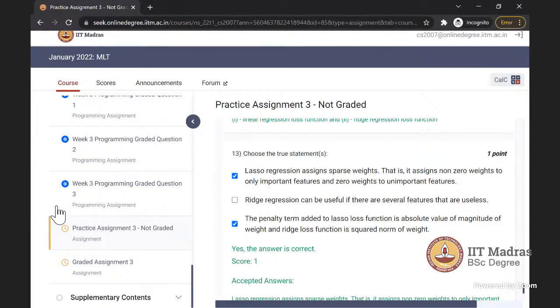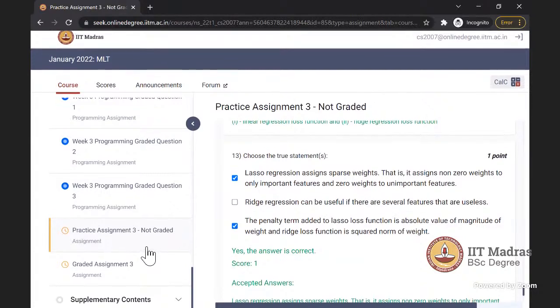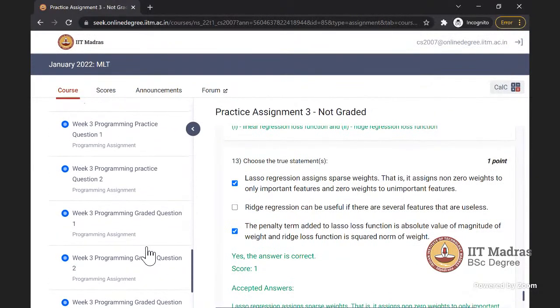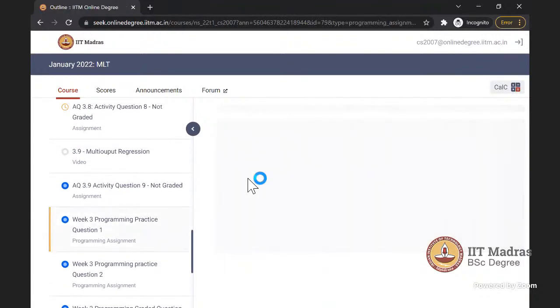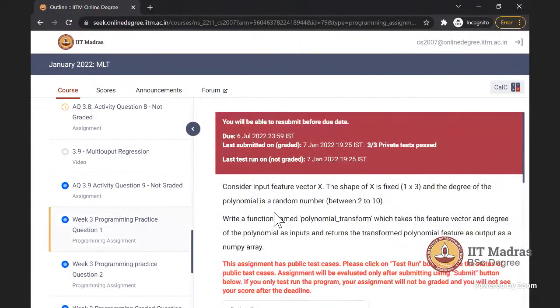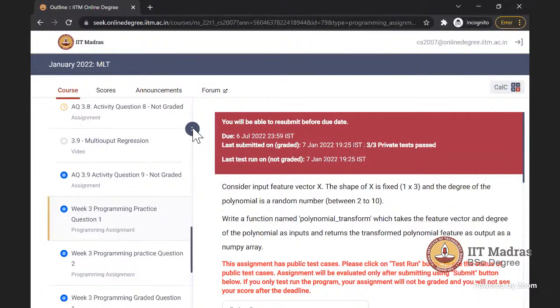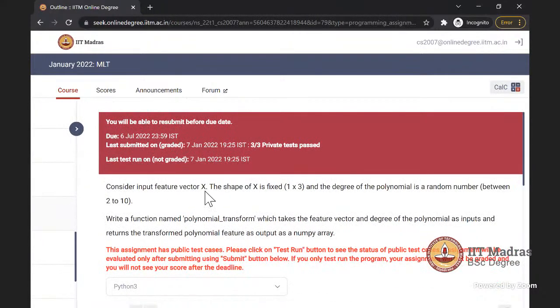All right, let's go to our programming questions. Consider the input feature vector x. The shape of x is fixed at 1/3. The degree of the polynomial is a random number between 2 and 10.